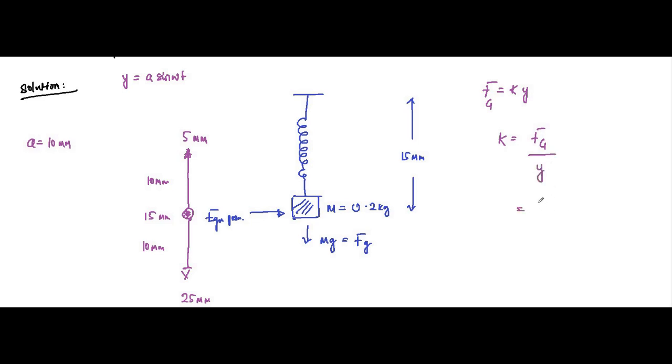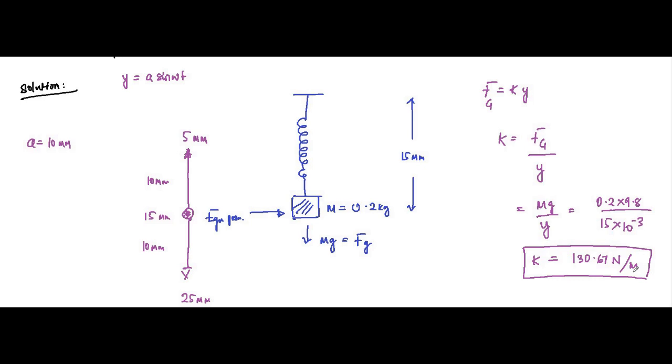So k equals mg by y, equal to 0.2 kg into 9.8 meter per second square by 15 into 10 to the power minus 3 meter. It is coming around 130.67 Newton per meter. This is the value of the force constant or spring constant, k.